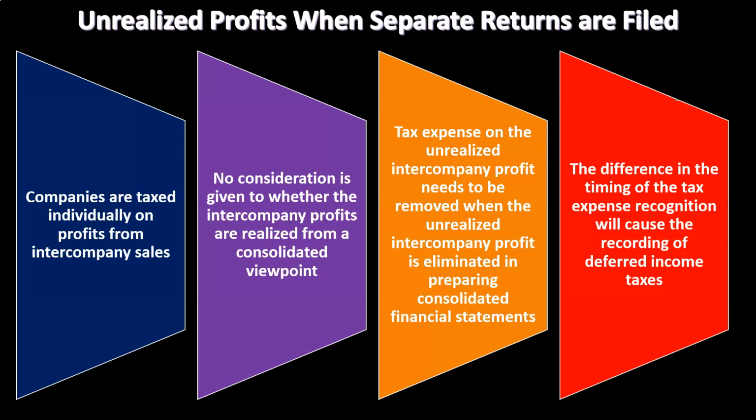So for financial statement purposes, we're going to be removing the intercompany profit that went from one company to the other. But as we do so, we should also be removing the tax effect that was included, because they were taxed on these items, and that is a deferred tax. And the difference in the timing and the tax expense recognized will cause the recording of the deferred income taxes.